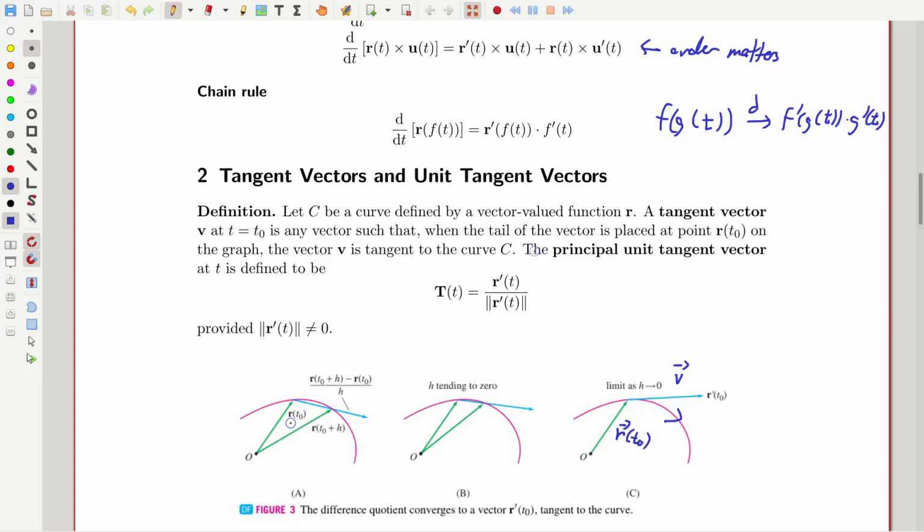As you change the separation of the time steps closer and closer, this subtraction, the resulting vector, ends up getting closer and closer to being a tangent vector. So that is why the derivative will compute for you a tangent vector. And then to get the principal unit tangent vector, you normalize. You divide by the magnitude of r prime. And so you have this expression denoting the principal unit tangent vector.